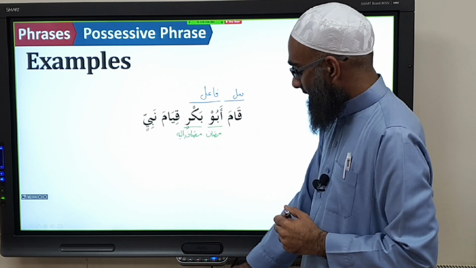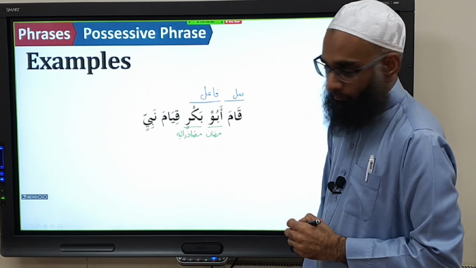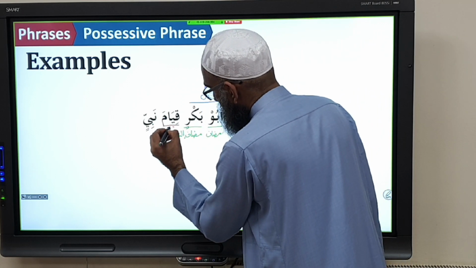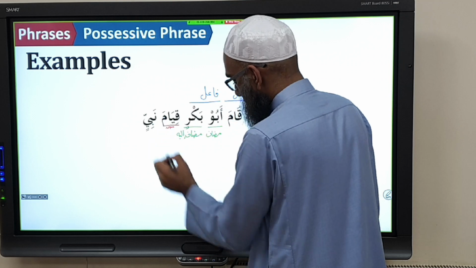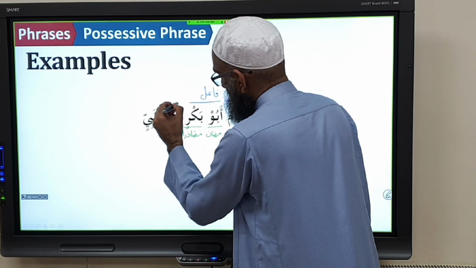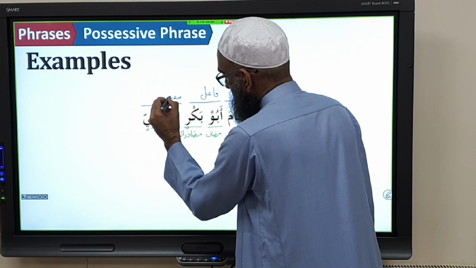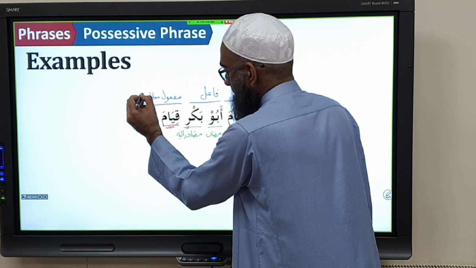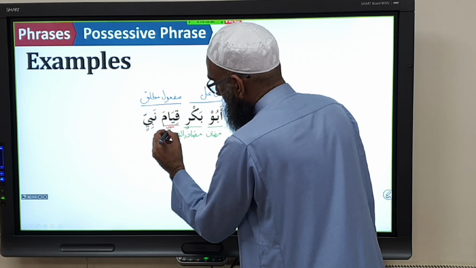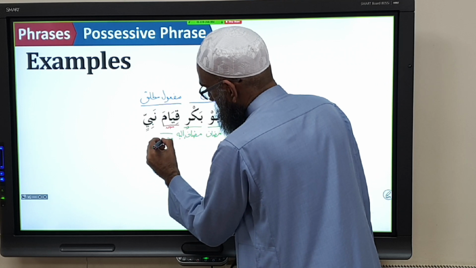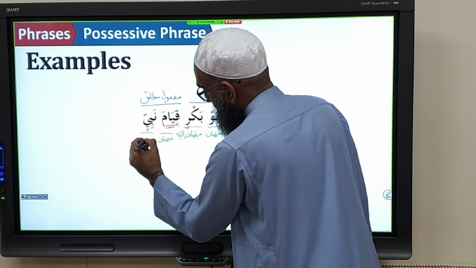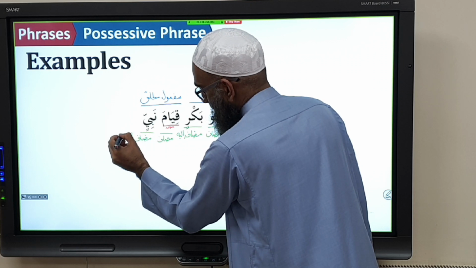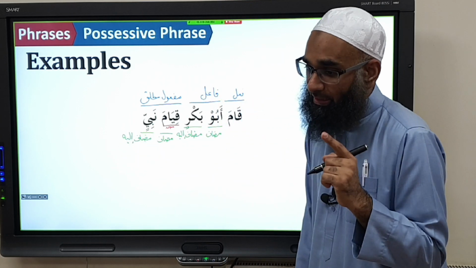And what's قيام نبي become? قيام is a masdar. قام يقوم قياما. It's a masdar of the main verb. So it becomes what? مفعول مطلق. And the مفعول مطلق is made up of what? مضاف and مضاف إليه.